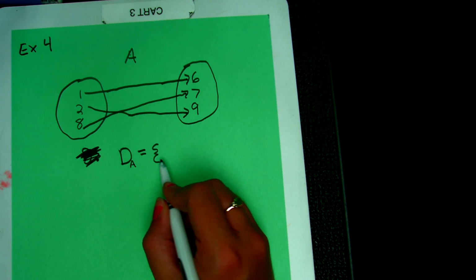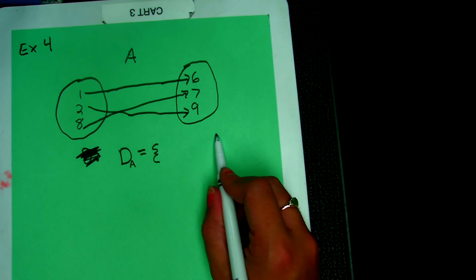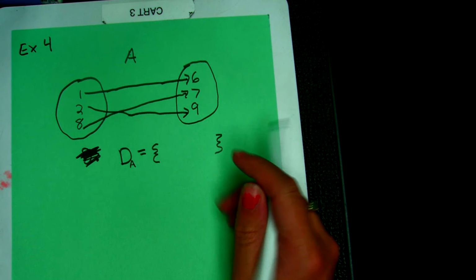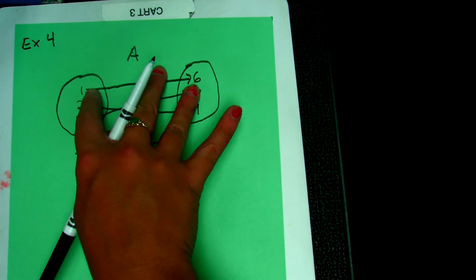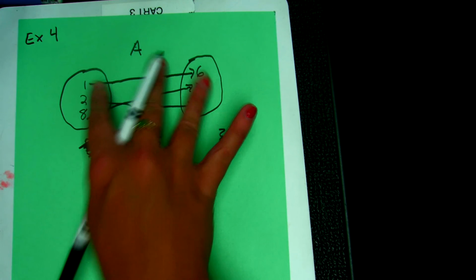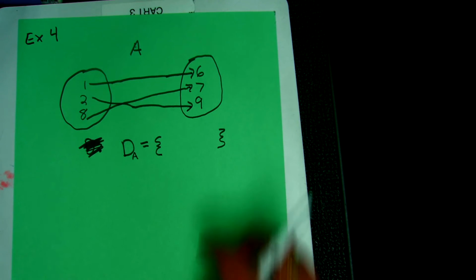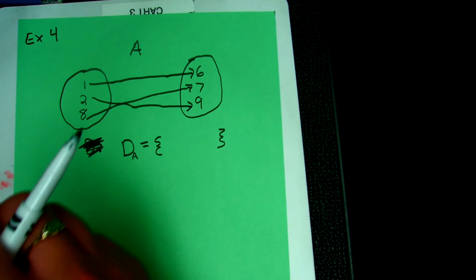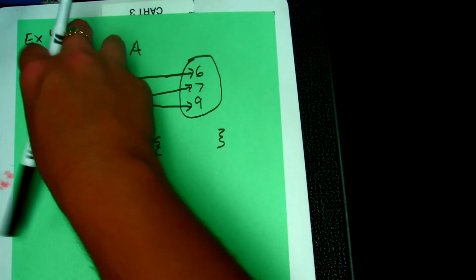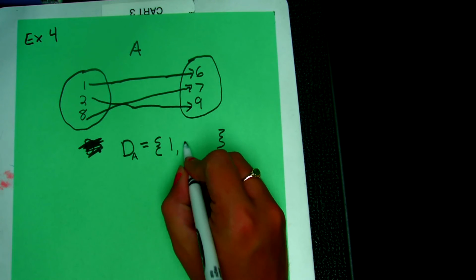And remember, we want all of the first coordinates. Well, this form of a relation is a circle mapping. And remember, in a circle mapping, all the first coordinates are in the first circle, and all the second coordinates are in the second circle. So if we want the domain, we just have to list the numbers in the first circle. So we have 1, 2, and 8 in the first circle.